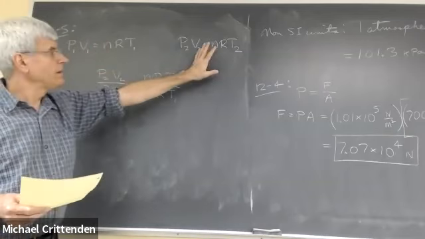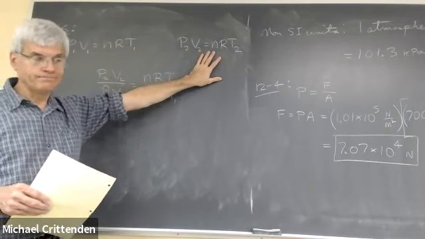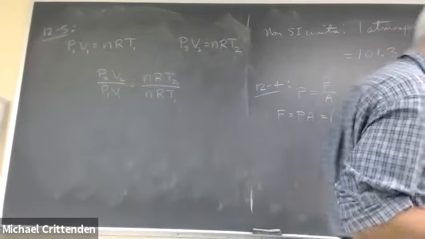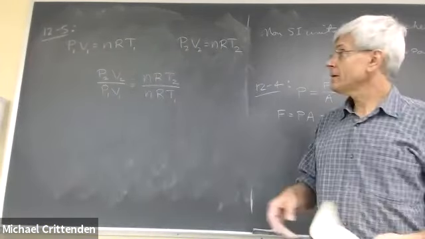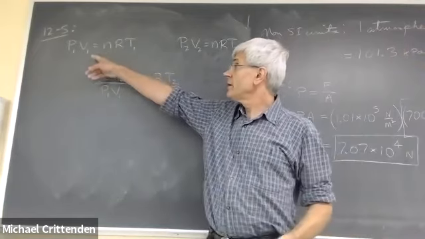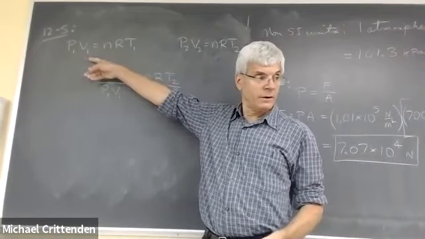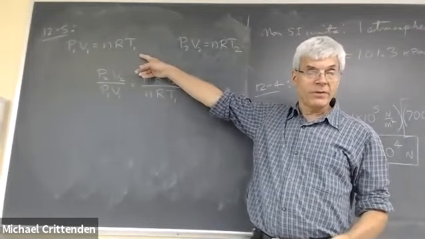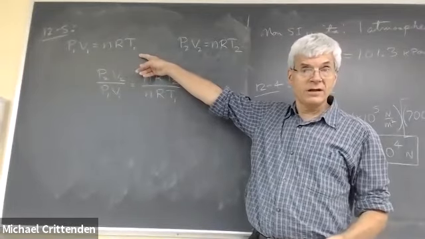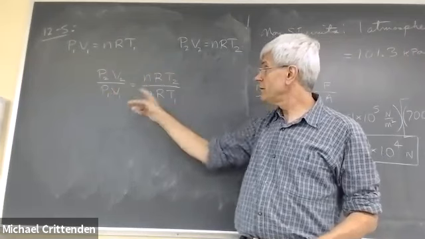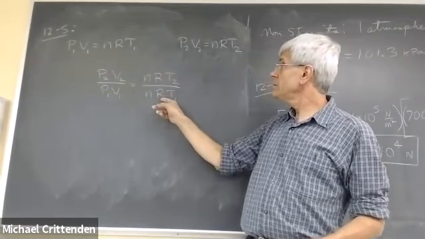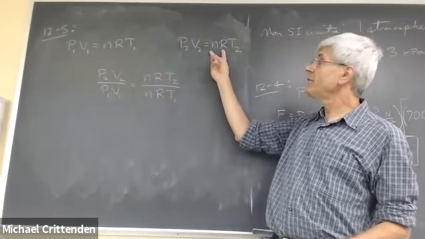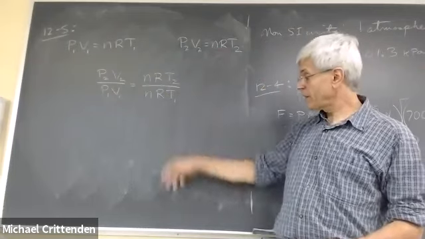So I took this equation over here and I divided both sides by the same thing, because it says over here that P1V1 is the same thing as nRT1. So what I've done here amounts to dividing both sides of that by the same thing.